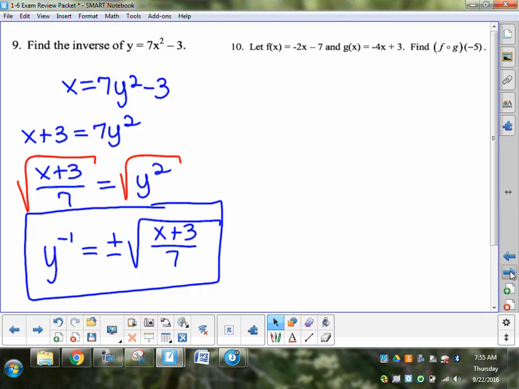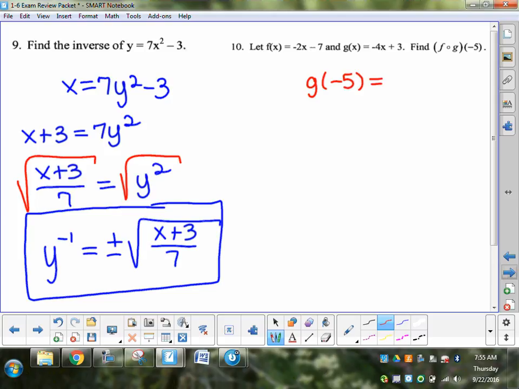How about, please, for number 10, what would we do, Taylor, what would we do to get an answer in number 10? Okay, so let's take g of -5.